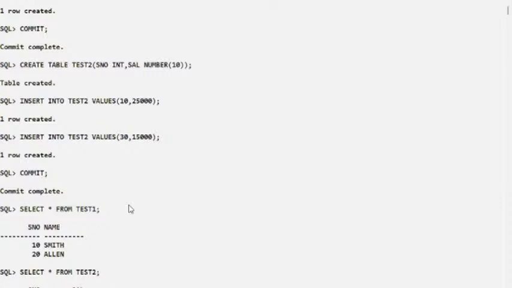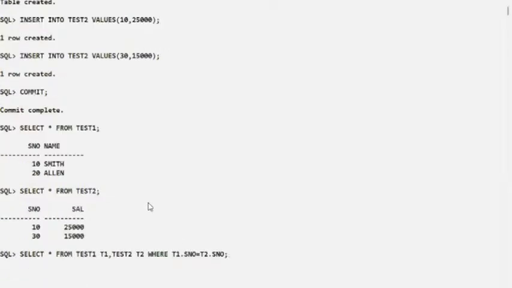I'm writing in non-ANSI format, so which condition? Where condition. T1.serial number is equals to T2.serial number. If I leave it like this, which join is it? Equi join, because I'm using the equal operator.